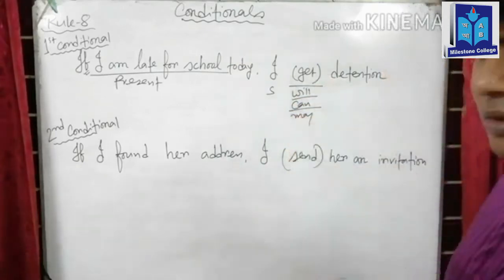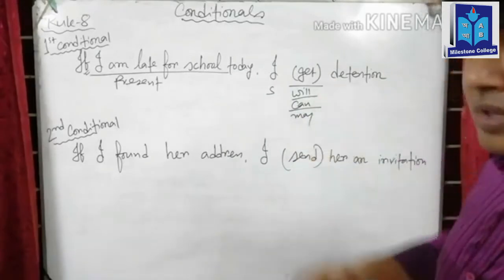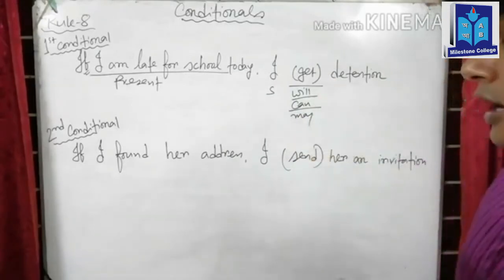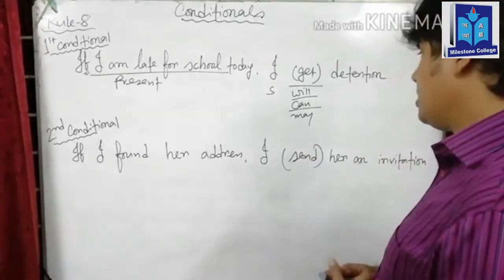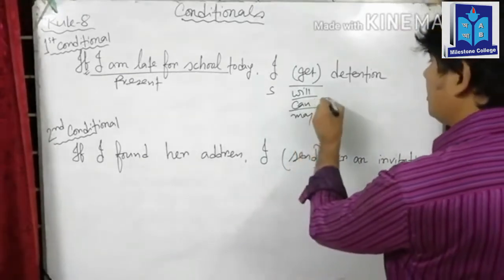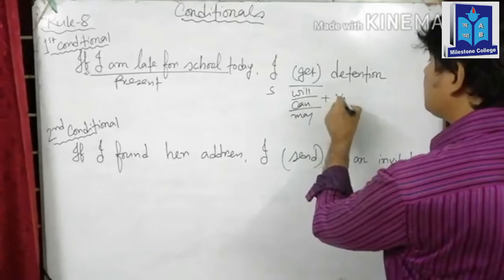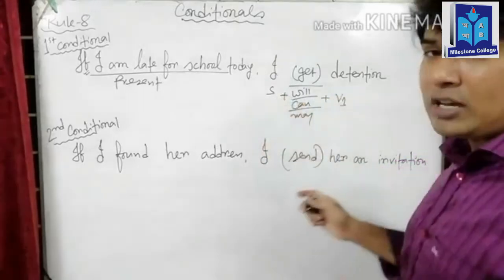And these three verbs, I have already told you, are called modal auxiliary verbs. So after every modal auxiliary verb, we give the base form of the verb.